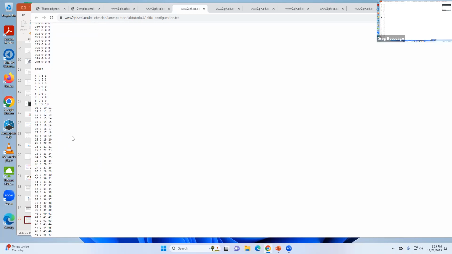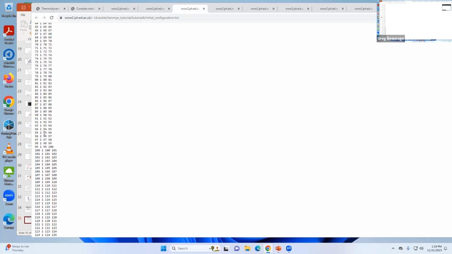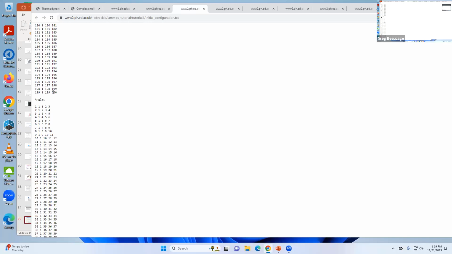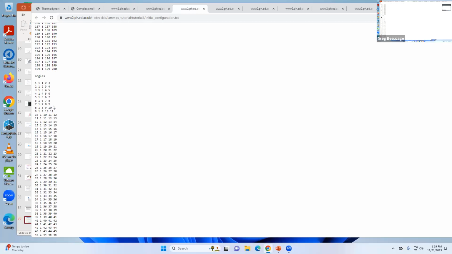And then the bonds. So atom 1 has a bond of type 1 that bonds 1 and 2. Atom 2 has a bond of type 1 that bonds 2 and 3. That's how it goes right on down the line. Then the angles: atom 1 has a bond type 1.